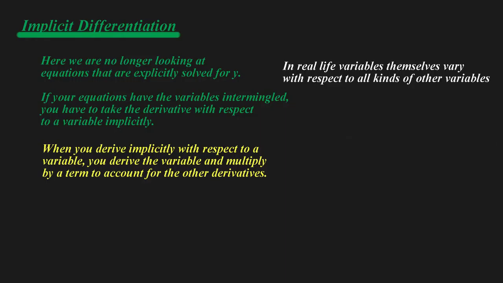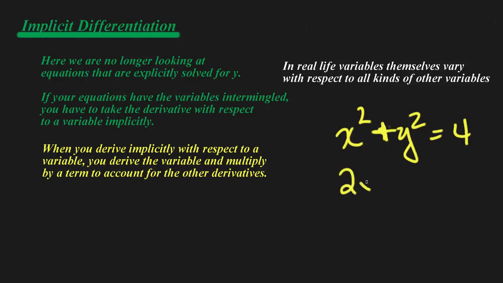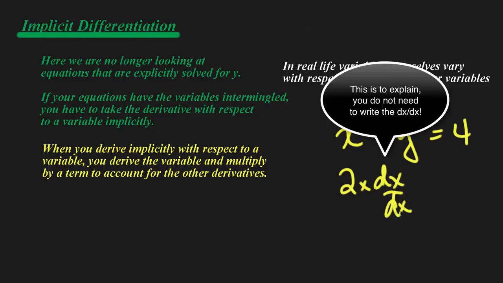And y, though, derived with respect to x is a little different because you're going to derive it implicitly. Let's say we had x squared plus y squared equals 4, just a quick example, and we're deriving with respect to x. Well, this is business as usual because we're taking the derivative of x with respect to x.